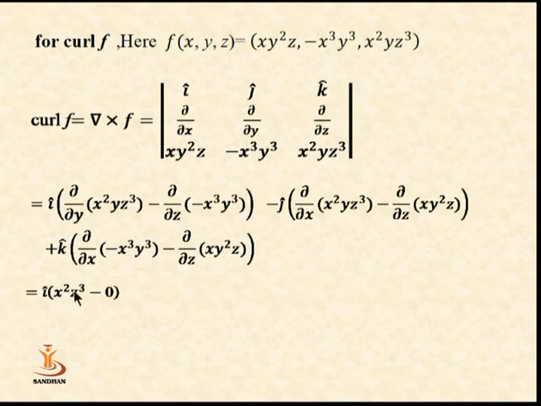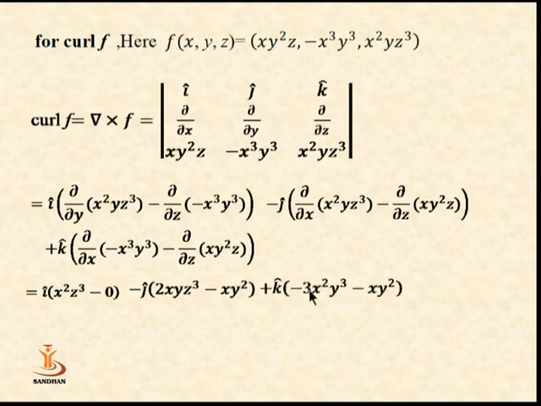Thus we get x square z cube minus 0. In the second component, the differentiation of x is equal to 2x, and y and z cube are kept constant. Thus we get 2xy z cube minus x y square. Again we do the differentiation with respect to z for this function, and here z is only z, thus the differentiation is 1, and x y square is its constant coefficient.